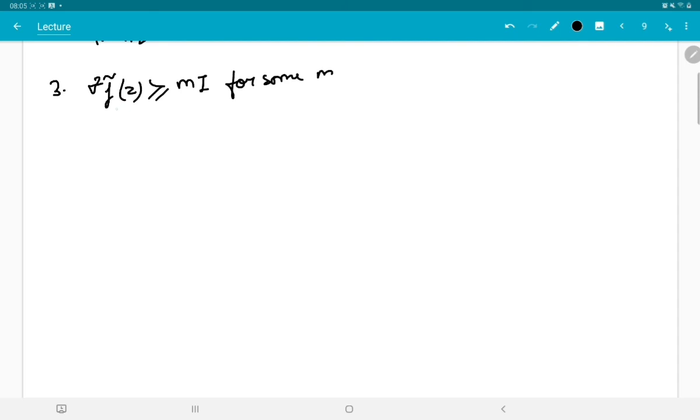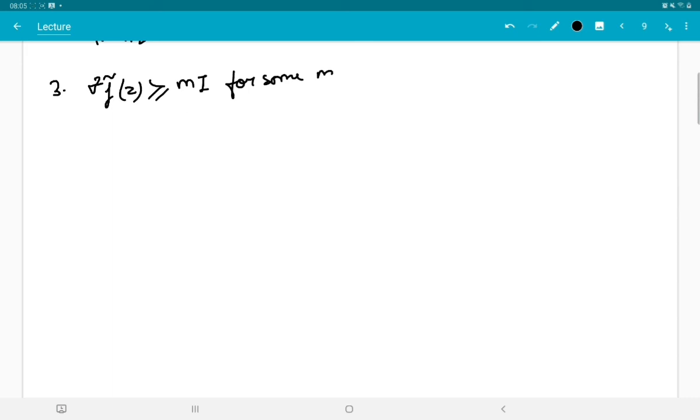So we have strong convexity for the objective of the reduced problem, that is, the Hessian is greater than or equal to m I for some m. I'm not proving this here, it is there in the book.